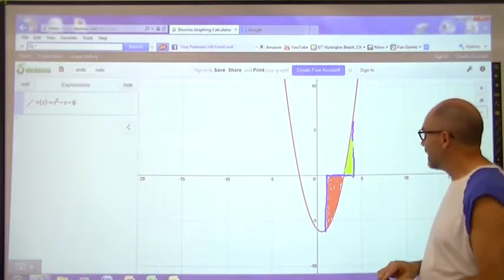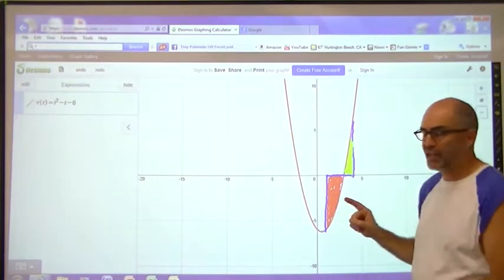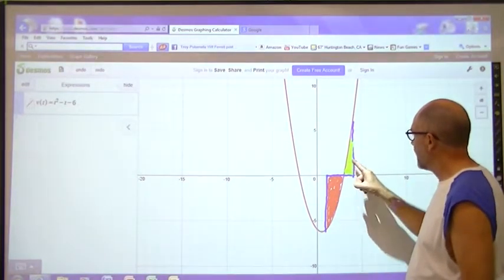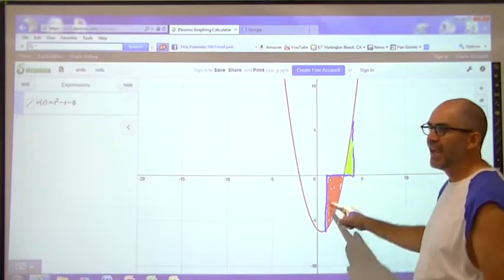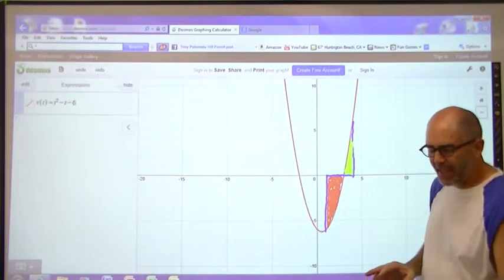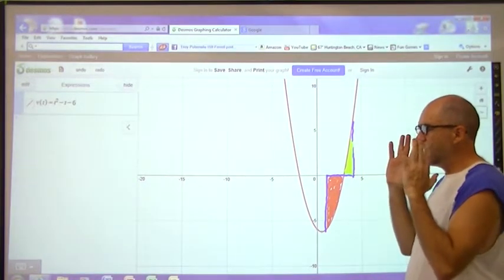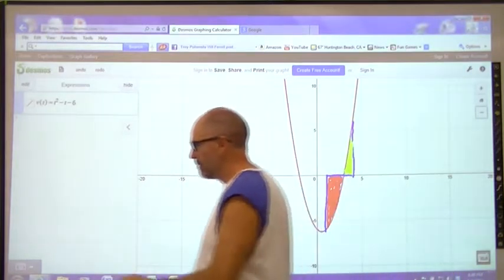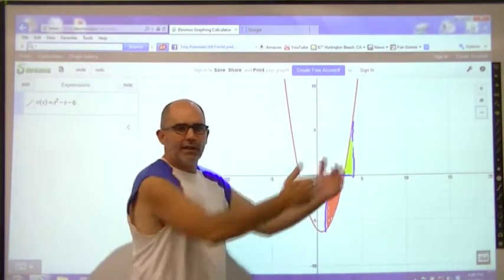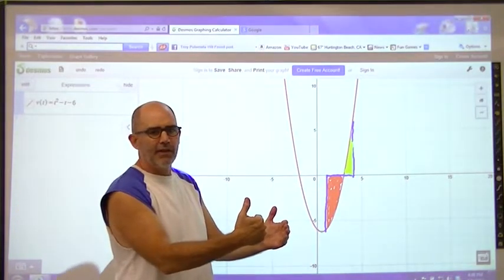Now, distance is the absolute value of this. So distance says, take the red, take the green, make them both positive, and add them. So in other words, displacement, if I were to walk, say, 10 feet right, and then 5 feet back to the left, so I went 10 right, 5 left.